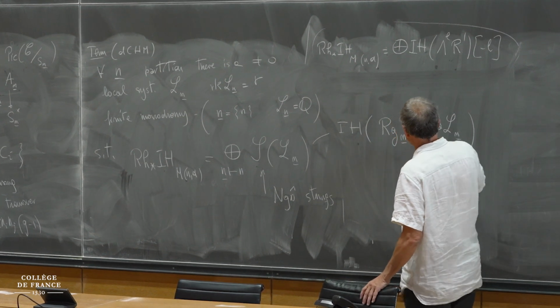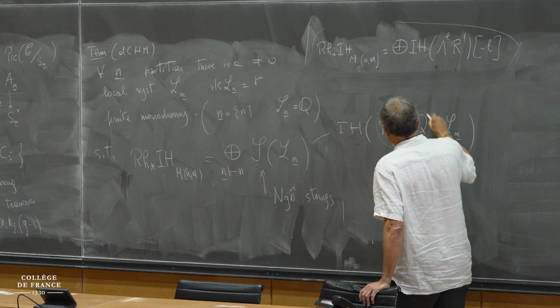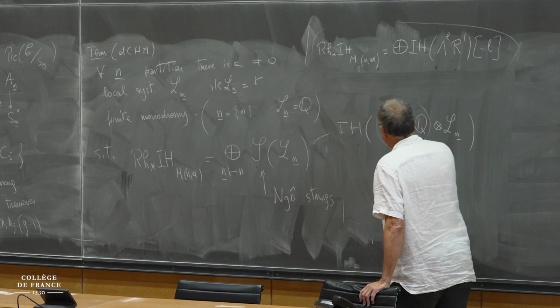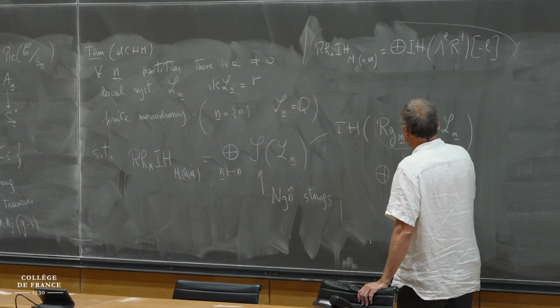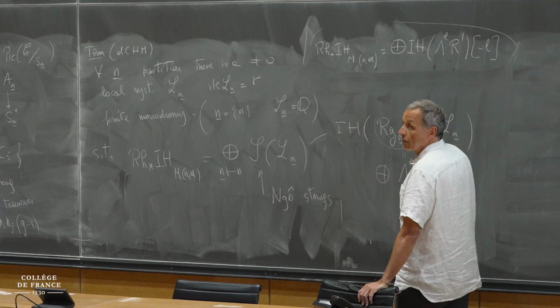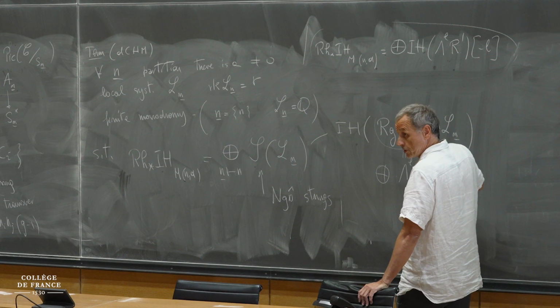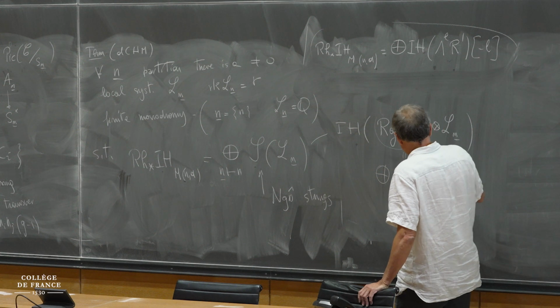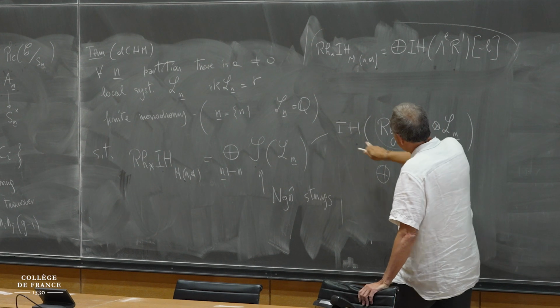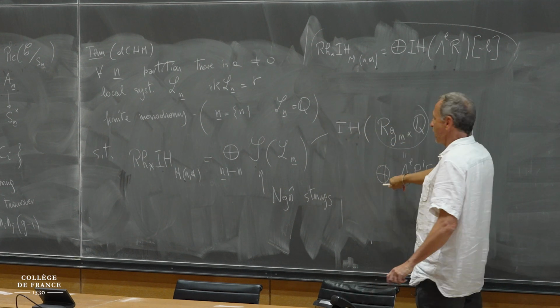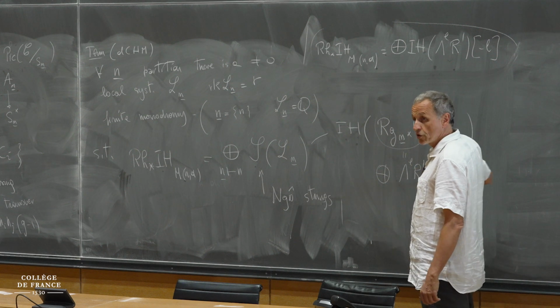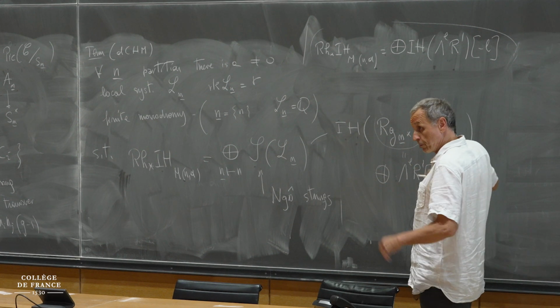You have an abelian scheme, so this guy actually splits as a sum of wedge powers of the first direct image, with shifts. So when I say IH, I mean that I applied intermediate extensions over all summands.